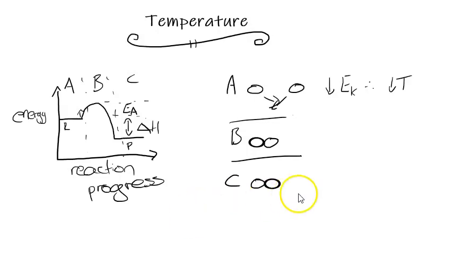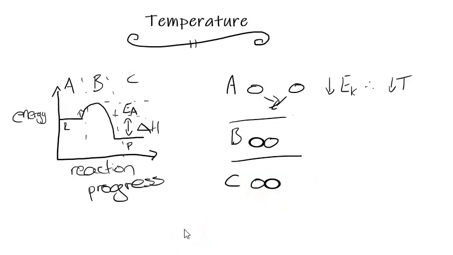So that's the effect that temperature has on the rate of the reaction. If we're increasing the temperature of a system, then we're increasing the kinetic energy that all of those particles have within that beaker or whatever. And so when the particles collide, it's more likely that we're going to result in a product being formed.